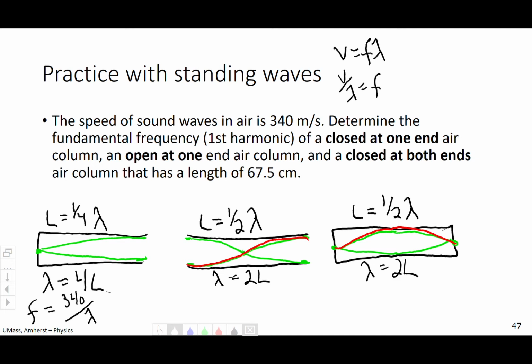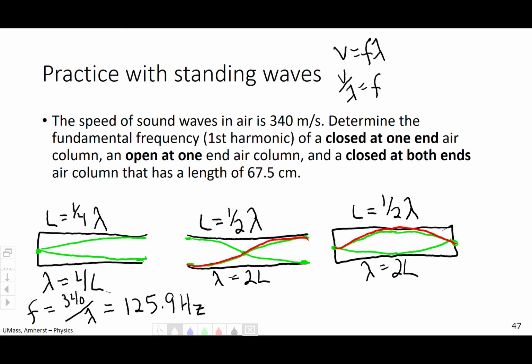That means 340 divided by 4L. So 4L, we have 0.675 times 4 equals 2.7, so 340 divided by 2.7. So that means the frequency would be 125.9 hertz.